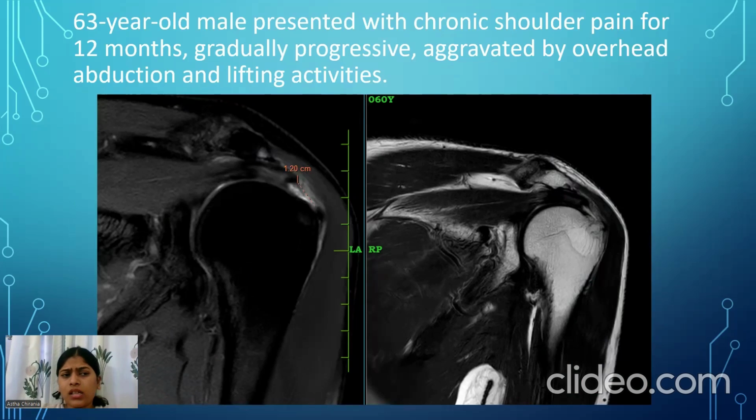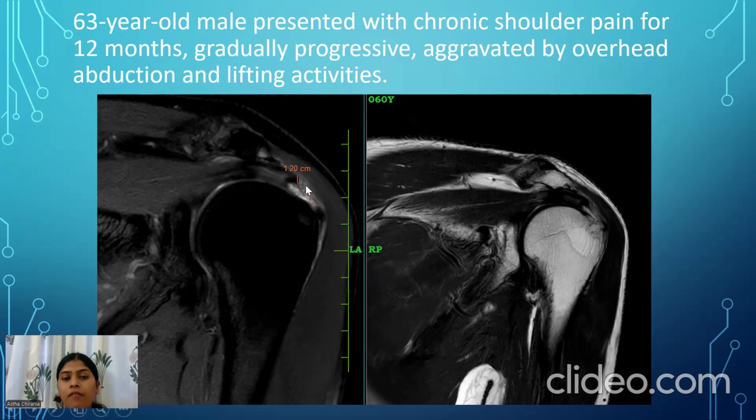The next case is a 60-year-old male who had a gradually progressive complaint of chronic shoulder pain for 12 months, aggravated by overhead abduction. Here we can appreciate the T2 and PDFS coronal images, where we can see full thickness tear of the supraspinatus tendon with tendinosis in the myotendinous junction.